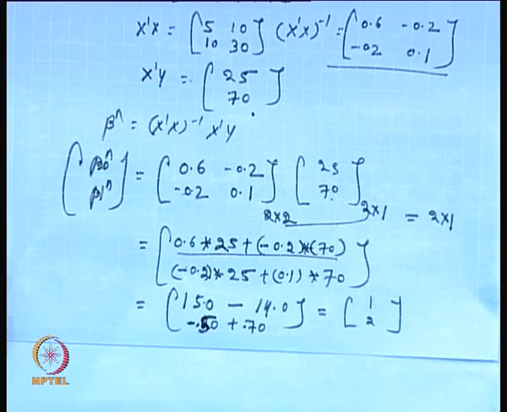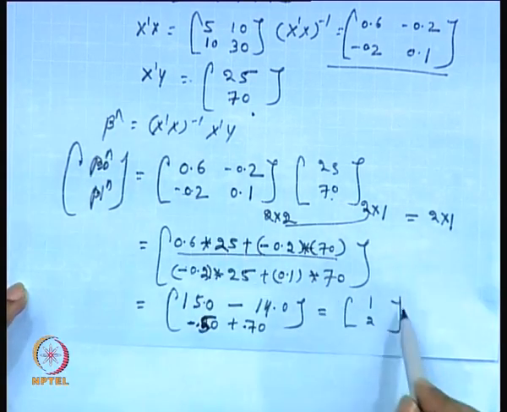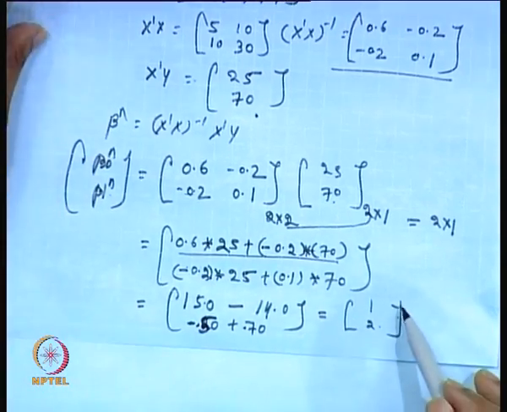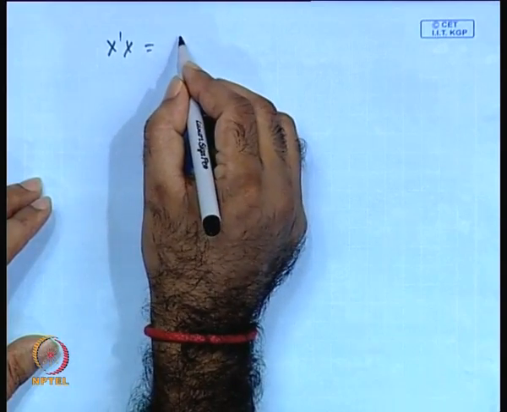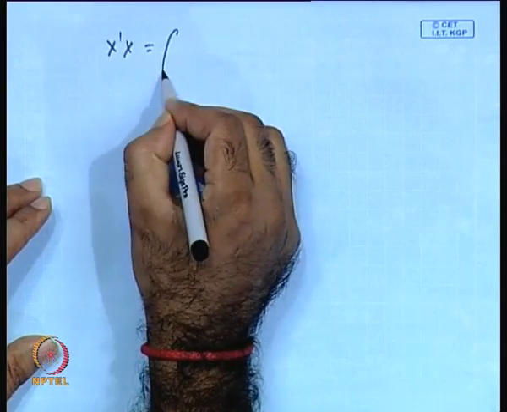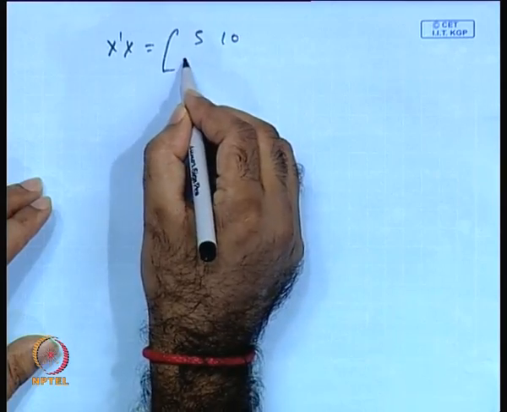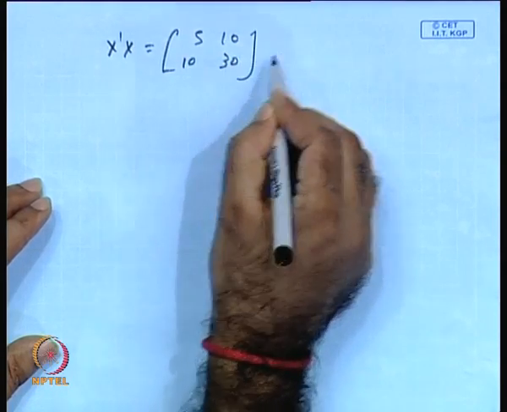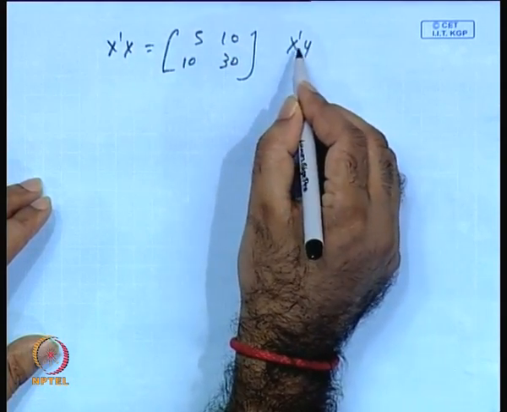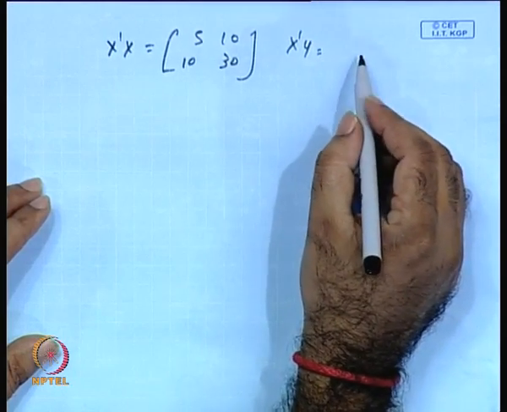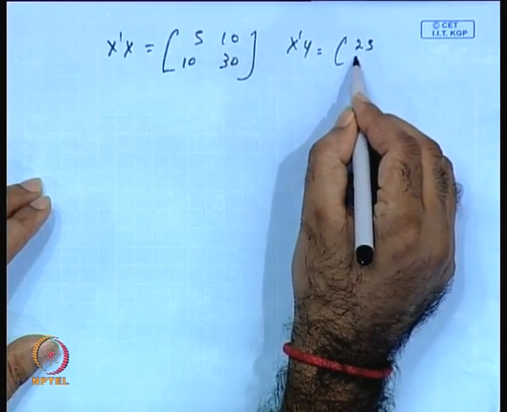So beta 0 head equal to 1 and beta 1 head equal to 2. Again we will summarize this entire result. X transpose x, what we have obtained, is equal to 5 10 10 30. Then x transpose y is equal to 25 70.